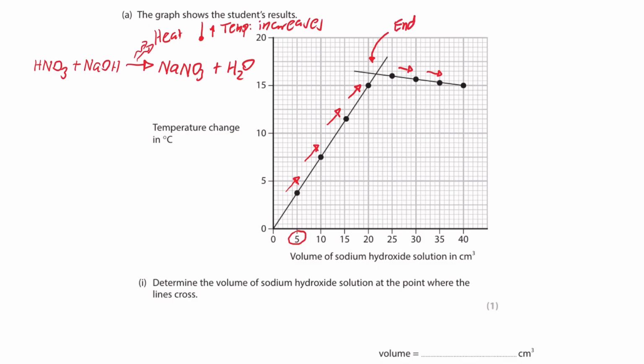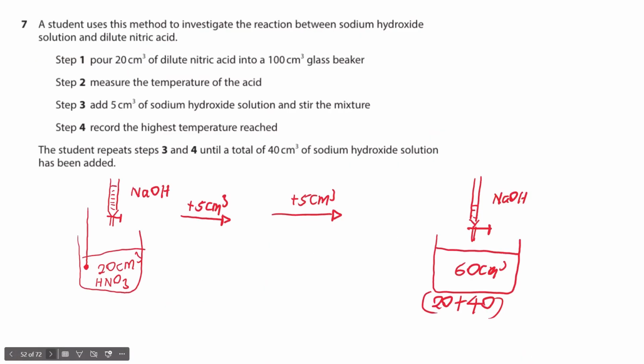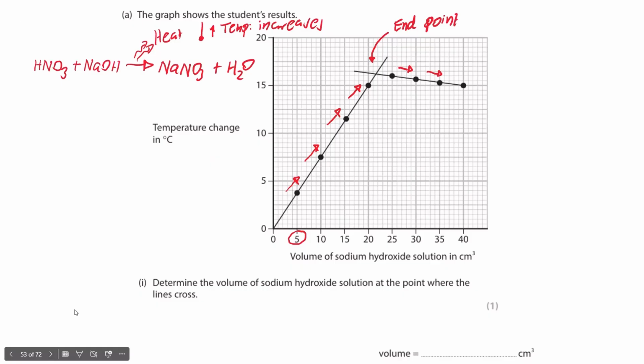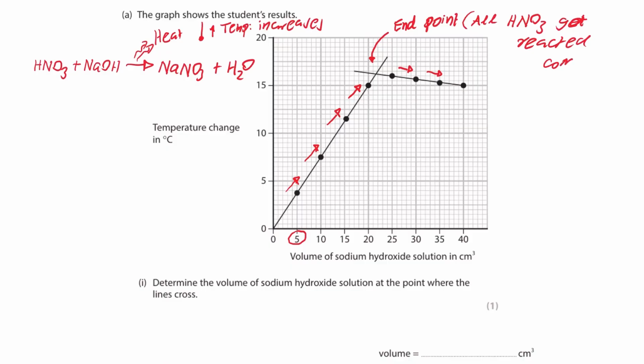The end of the reaction, we call it the end point. That means we had only 20 cubic centimeters of HNO3. Can you remember? We had a limited amount of HNO3. Since we are adding a lot of sodium hydroxide, at the end point all the HNO3 got reacted completely.